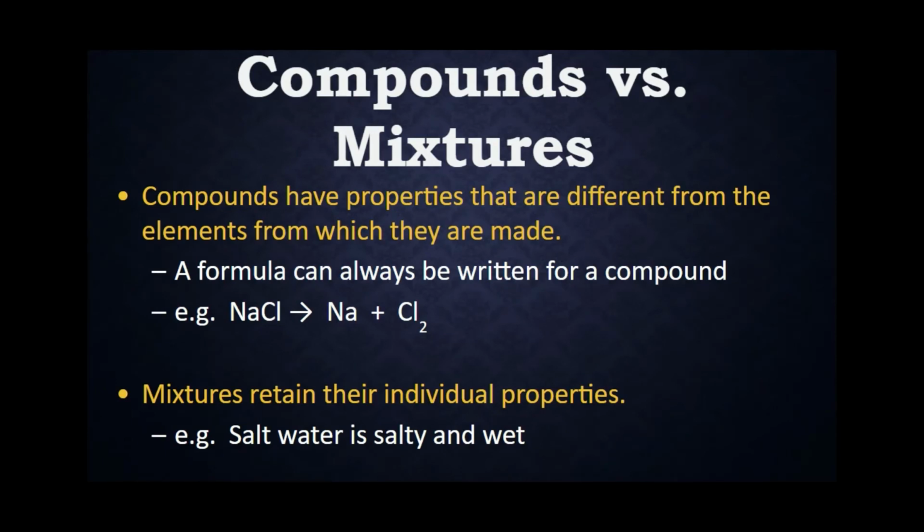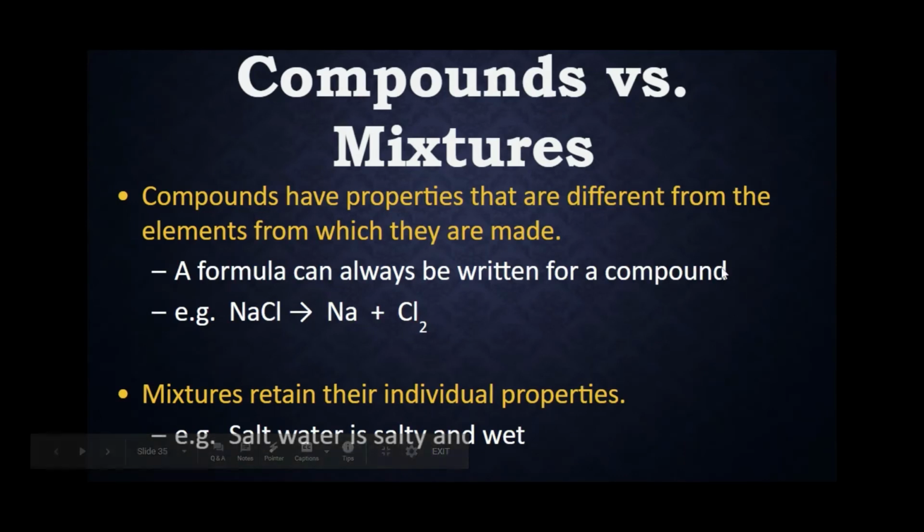So how do we compare compounds versus mixtures? Compounds have properties that are different from the elements from which they are made. You can also always write a formula for a compound.